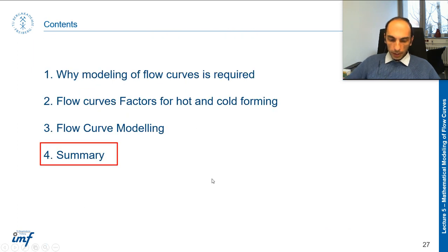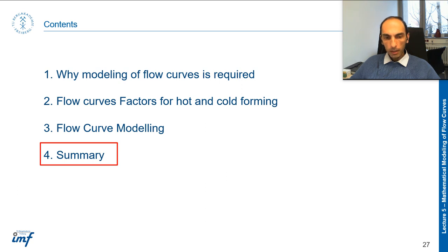Okay, and now we can summarize our lecture. We talked about the different parameters affecting the flow stress from the process point of view, which are temperature, strain rate, and strain, and from the material side, the dislocation density, precipitation, and other parameters.